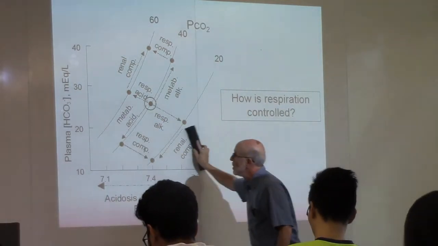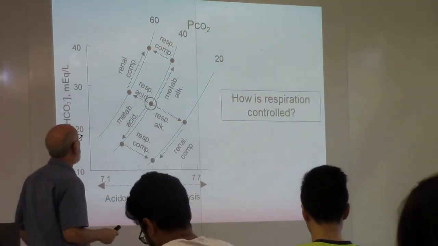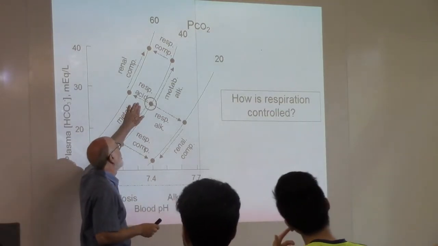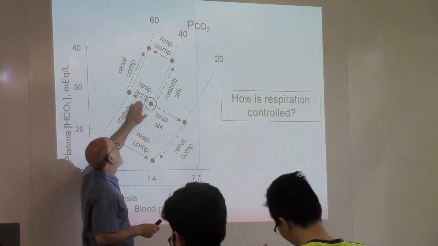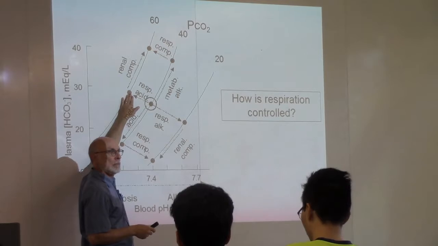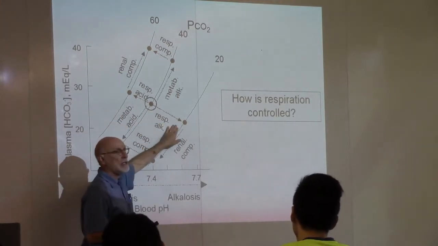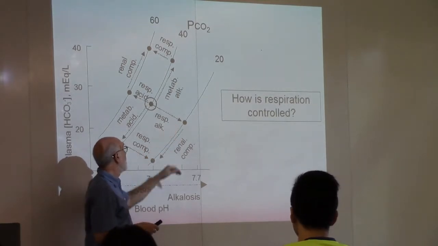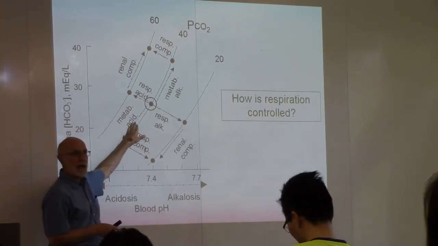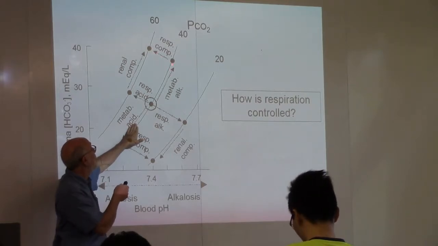So here is your friend, the Davenport diagram. We're talking about respiratory acidosis, say during hypoventilation, or respiratory alkalosis during hyperventilation, or we're talking about respiratory compensation to metabolic acidosis, or respiratory compensation to metabolic alkalosis.